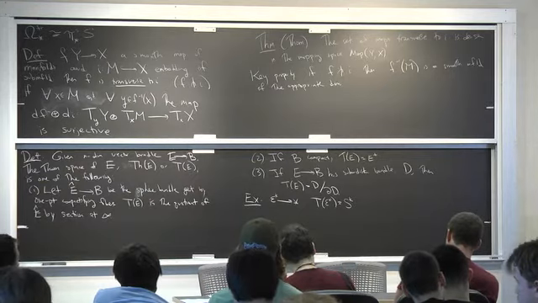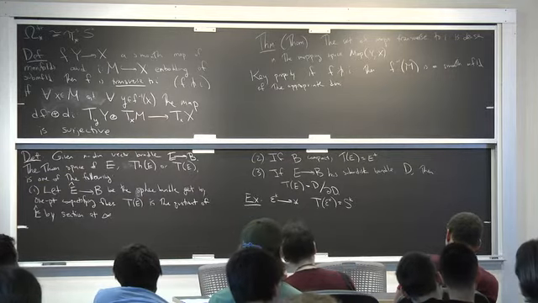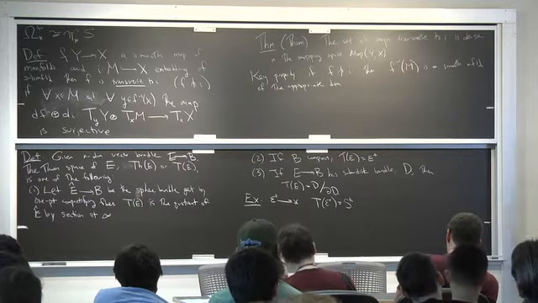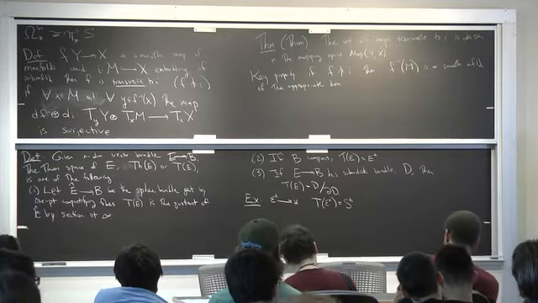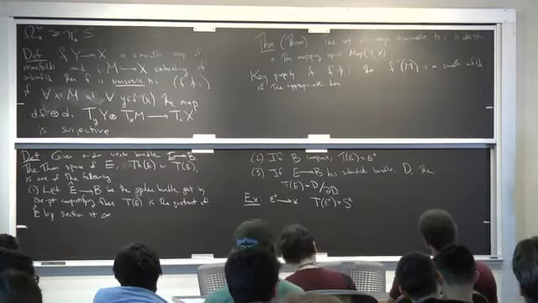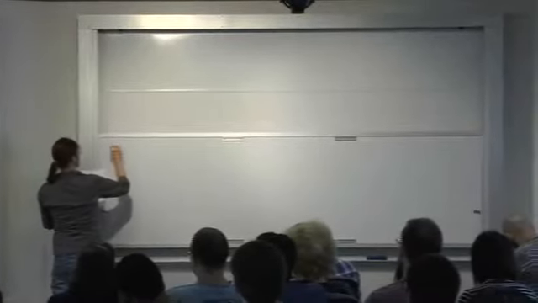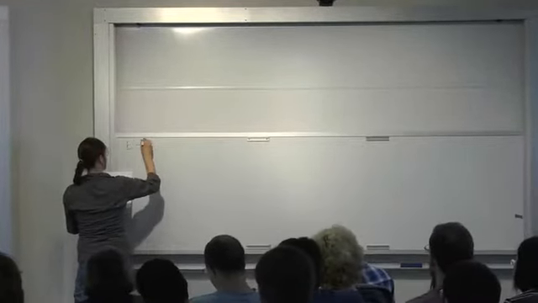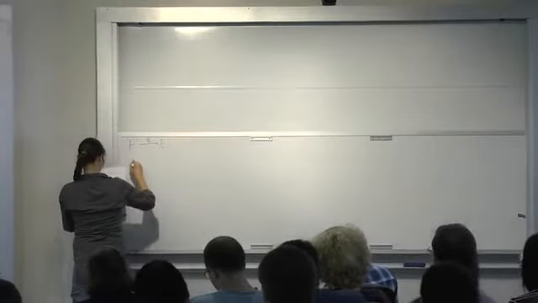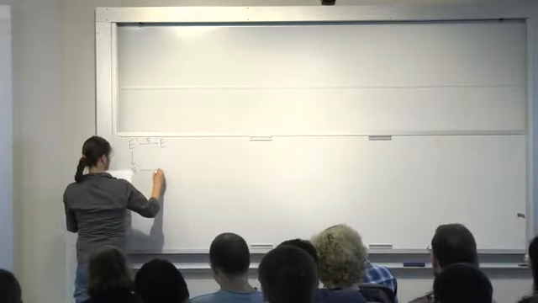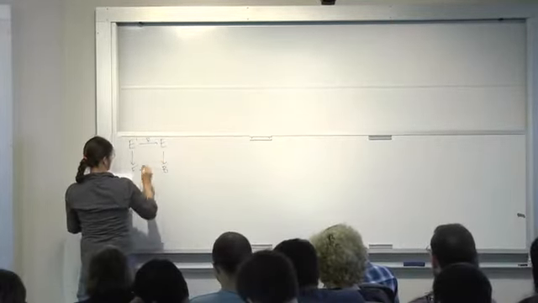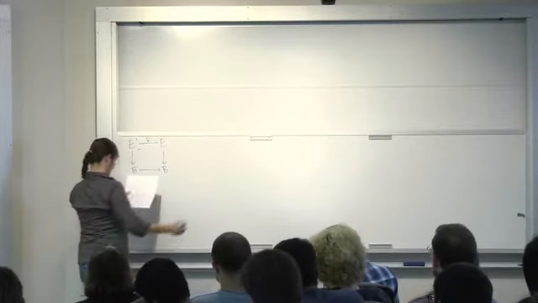Okay, and an exercise, which is quite important. This is something that I drew yesterday. Suppose that you have a map of bundles, and this is a pullback square.